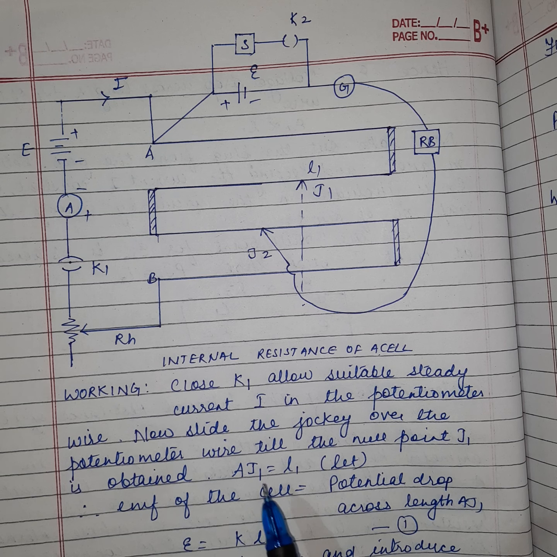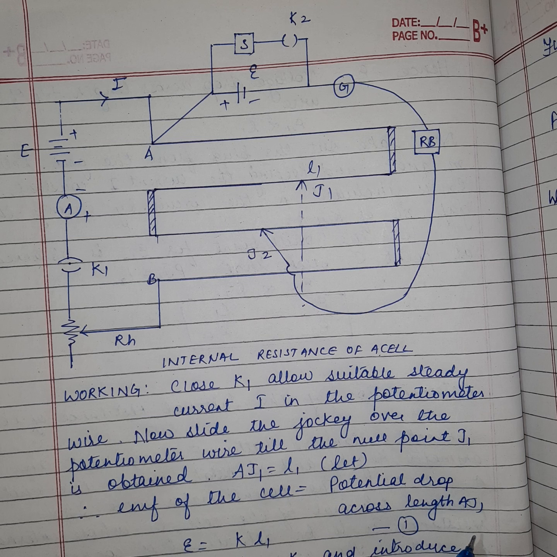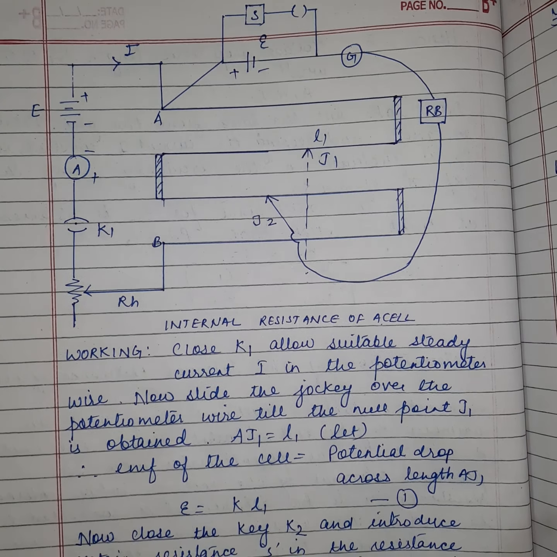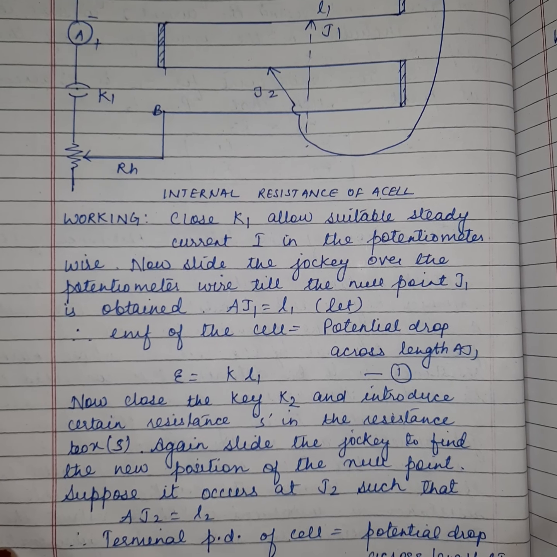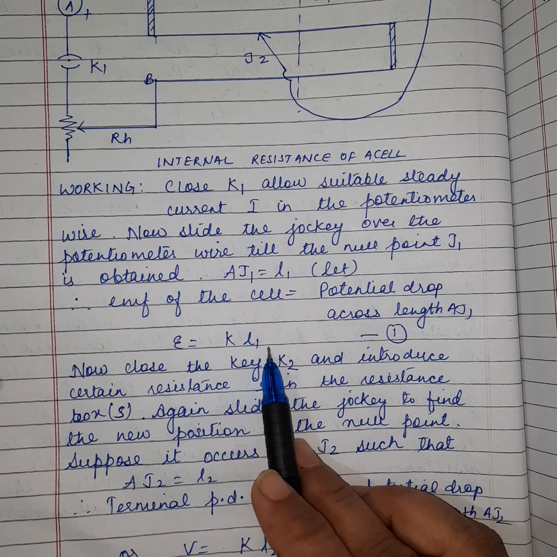So the EMF of the cell will be equal to the potential drop across the length AJ1. We write it as EMF equals K L1.